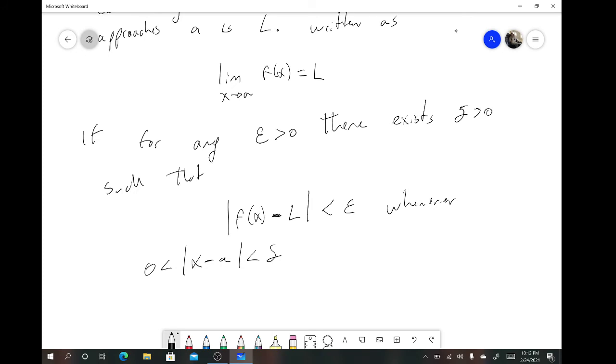So this is where the definitions of the limit of functions differ.